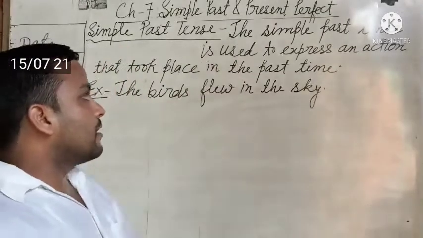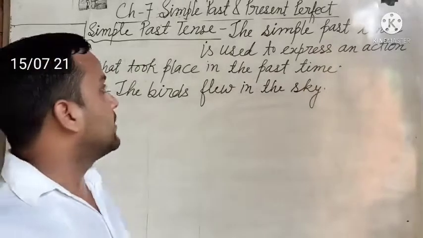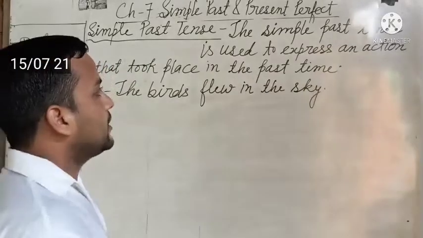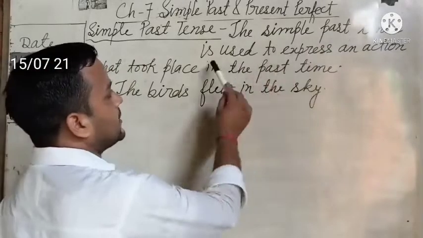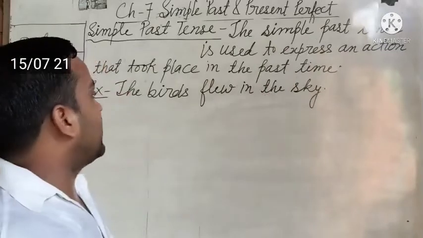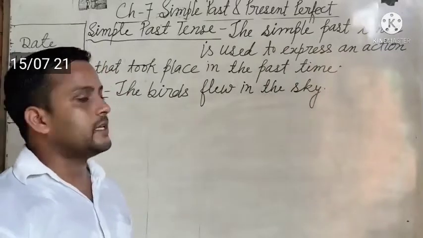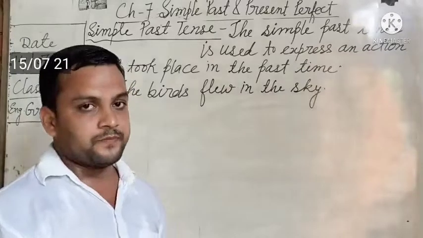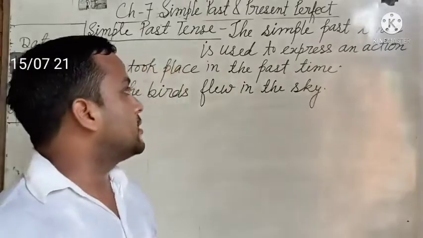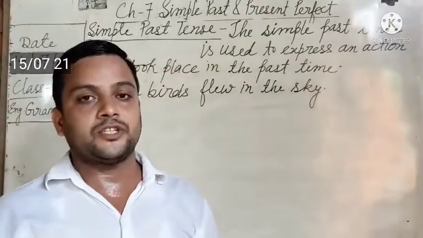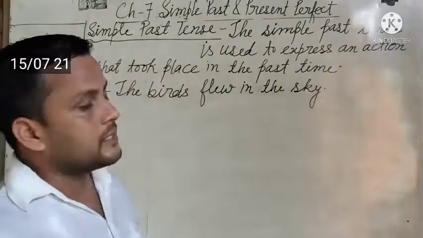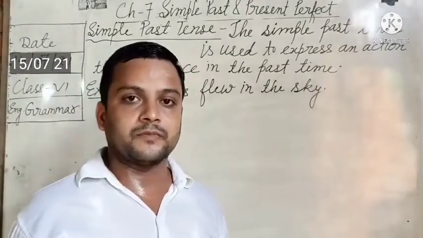Students, I have written the uses of simple past tense. Just see here. The simple past tense is used to express an action that took place in the past time. Okay?